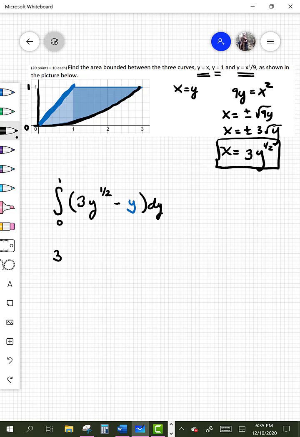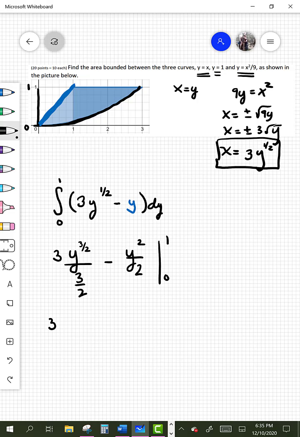So taking the antiderivative of 3y to the 1/2, add 1 to our exponent. So adding 1 or 2/2 to 1/2 is 3/2. Divide by our new exponent of 3/2, minus the antiderivative of y, which is y squared over 2. And we're evaluating this from 0 to 1.